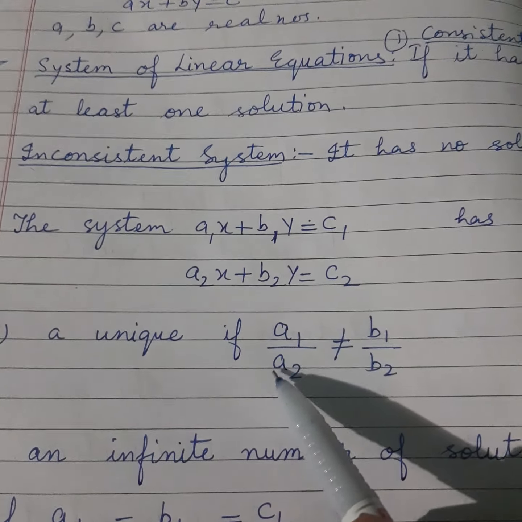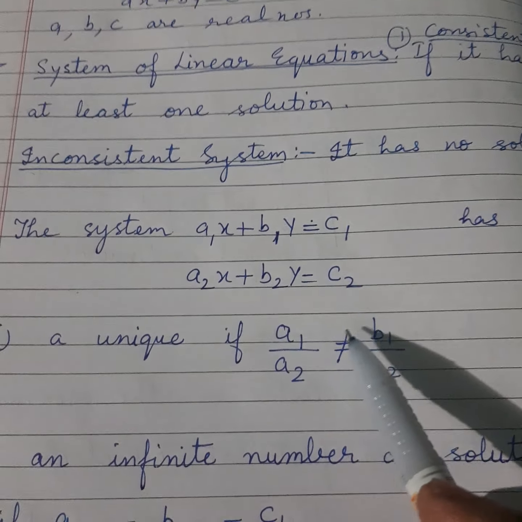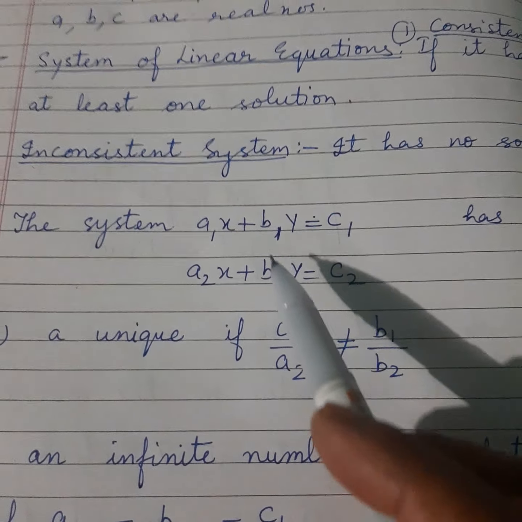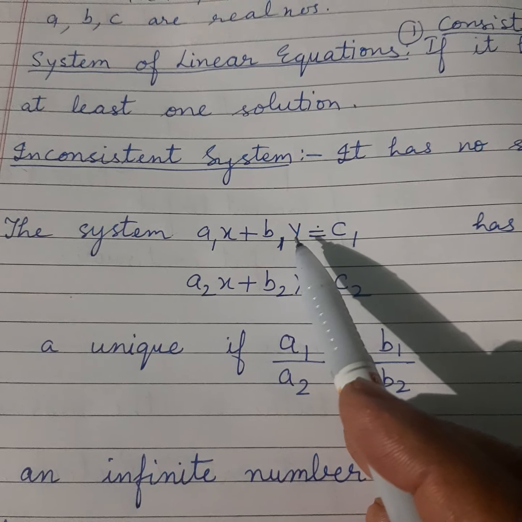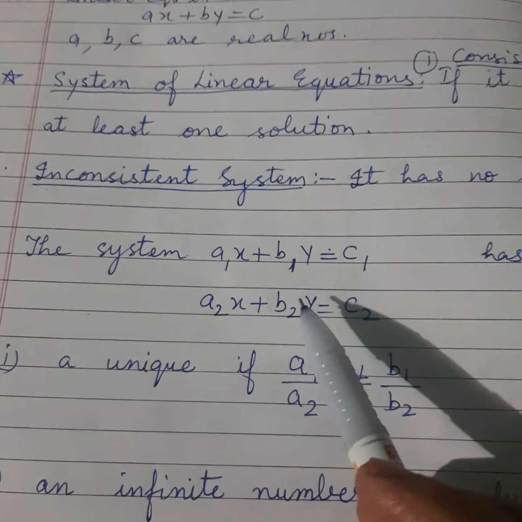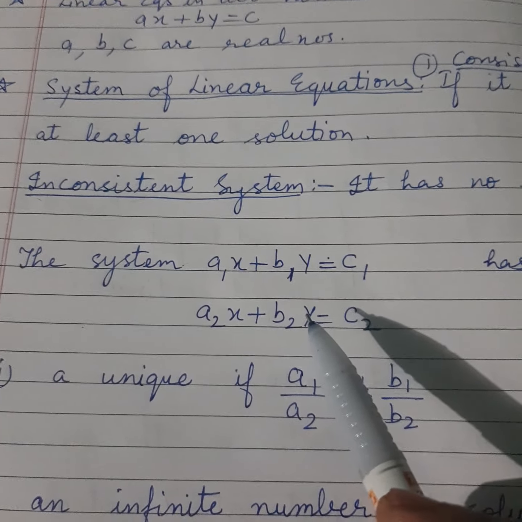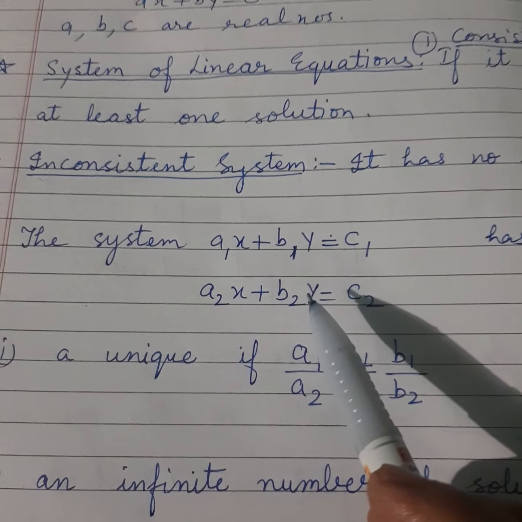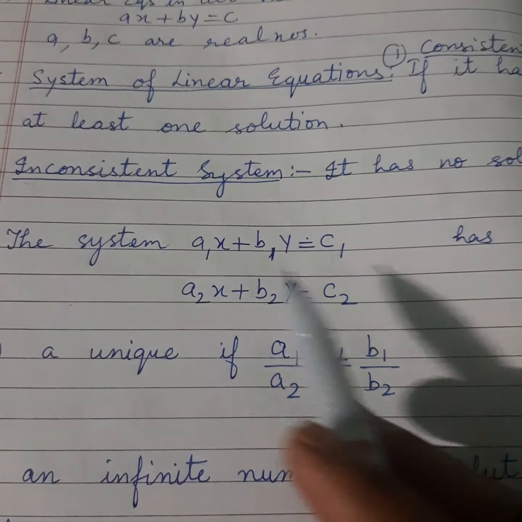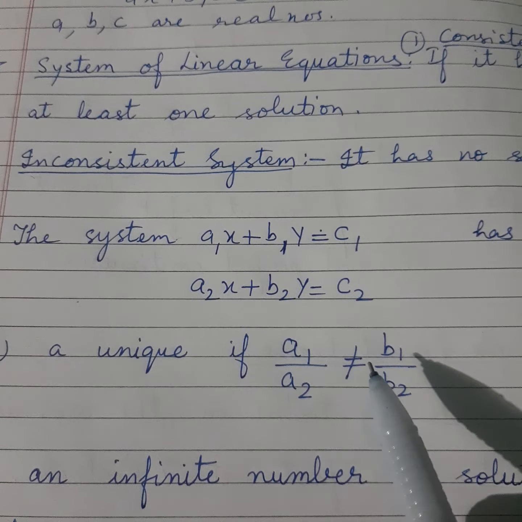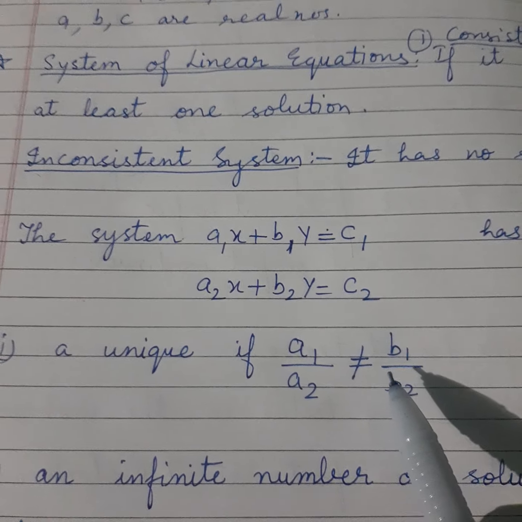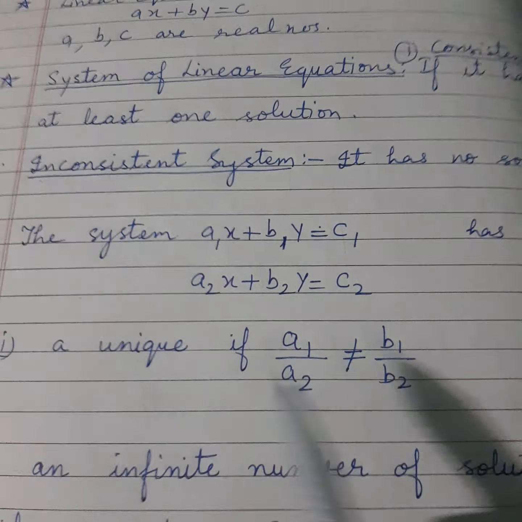If a1 upon a2 is not equal to b1 upon b2, where b1 and b2 are the constant parts with y, then we get a unique solution.